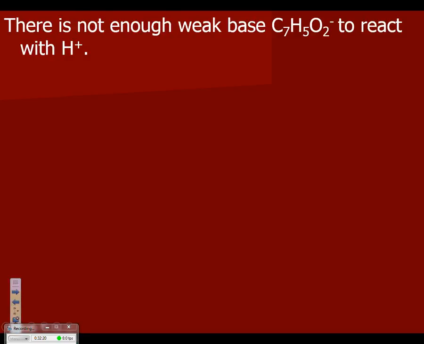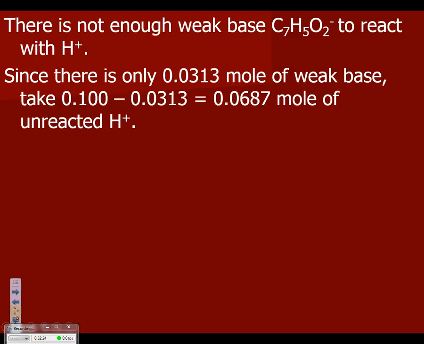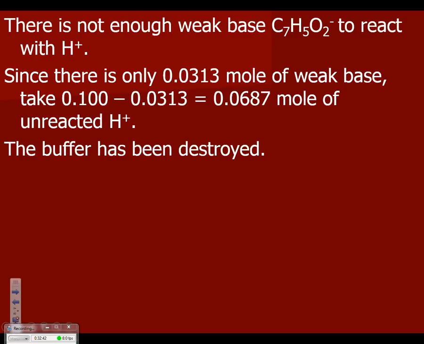There's not enough weak acid. I only had 0.0313. If I take 0.1 minus 0.033, I've got 0.0687 that's not reacted with the base. There's no base to counteract it. So then I just take that, go minus the log of it, because the buffer has been destroyed.